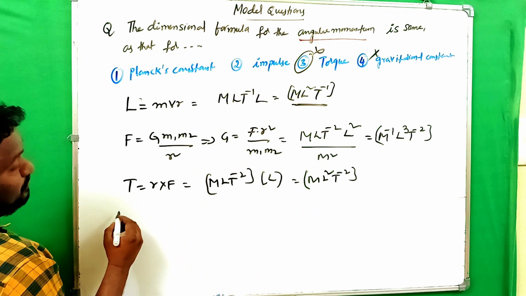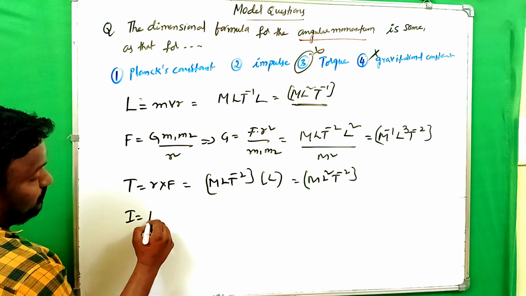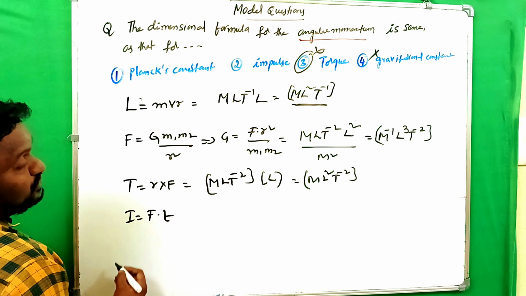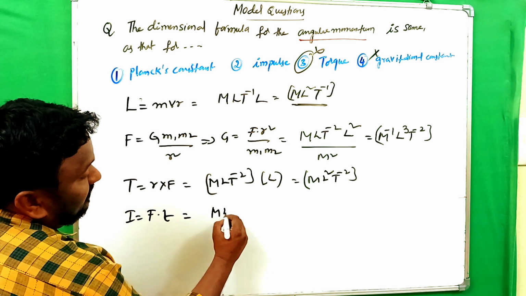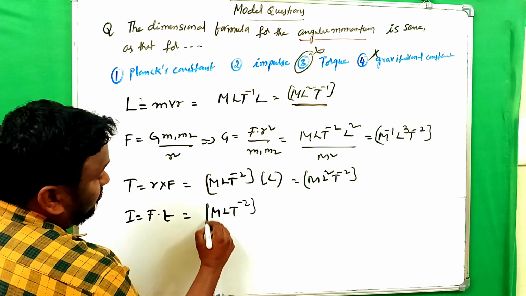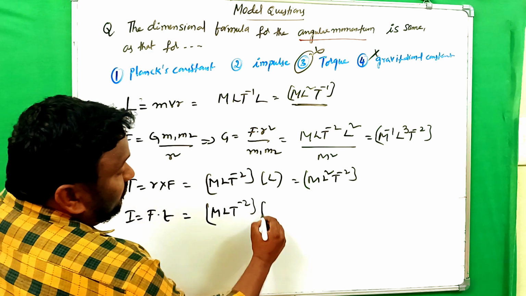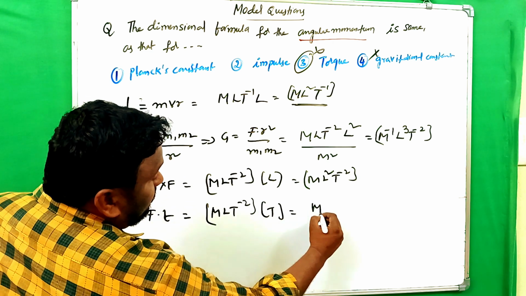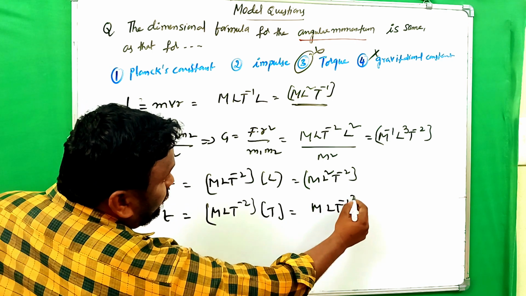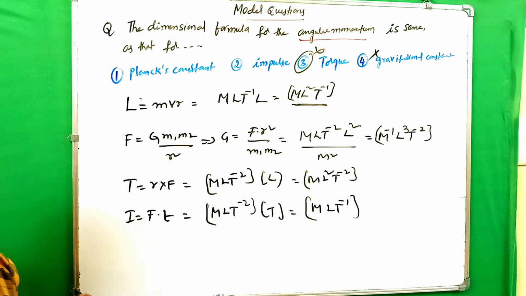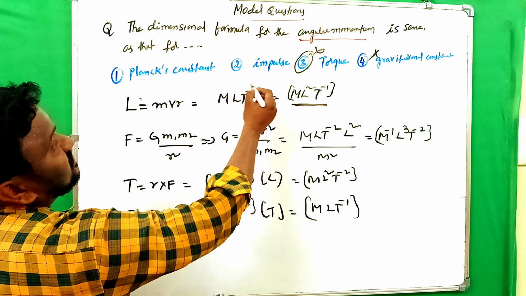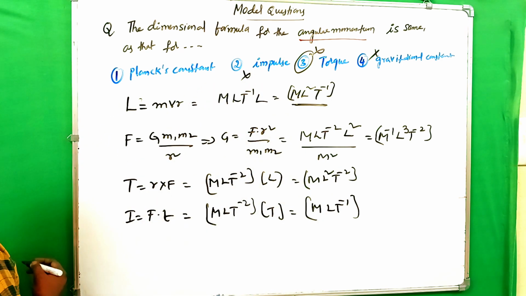Now impulse is equal to force into time, so M L T inverse 2 into T. Then what you get here? M L T inverse 1. So both are not the same, that's why the second option is also wrong.